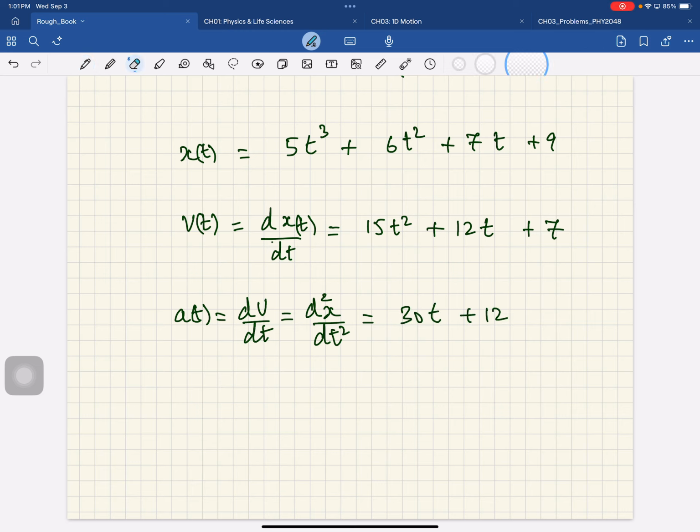Here's what I want you to notice. If the position as a function of time is a polynomial of degree n, velocity is a polynomial of degree n minus 1, and acceleration is a polynomial of degree n minus 2.